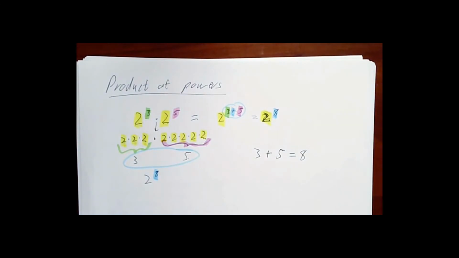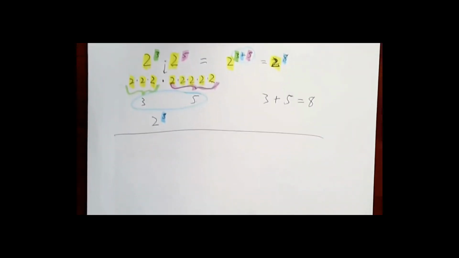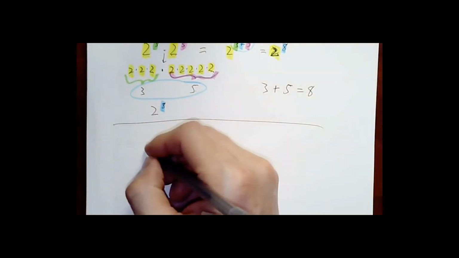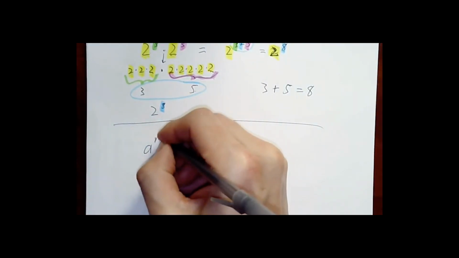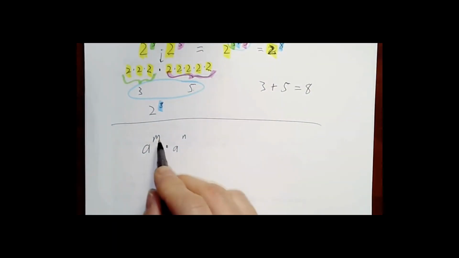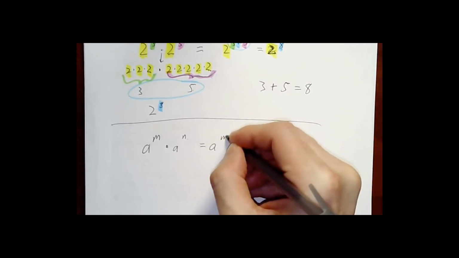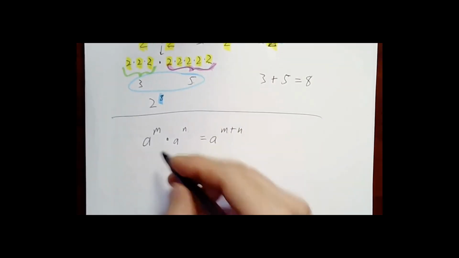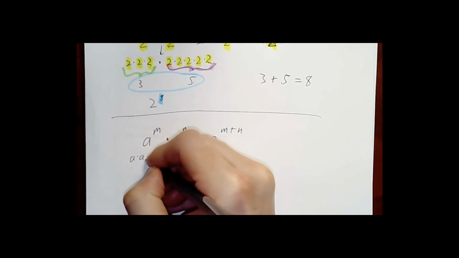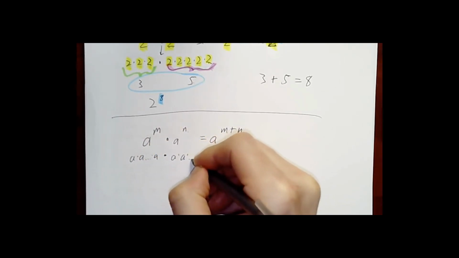So very simply put, using more mathematical terms for this, the product of powers rule states that if I have the same base, some base a, raised to the mth power, and I'm multiplying a second power with the same base, then I get to add the exponents together. So again, this becomes a to the m plus n. Basically what's going on here is that I have a times a dot dot dot times a multiplied to a times dot dot dot times a.